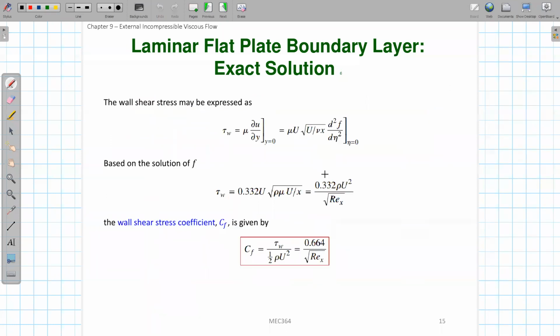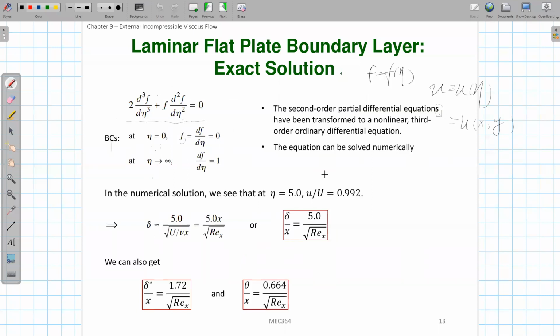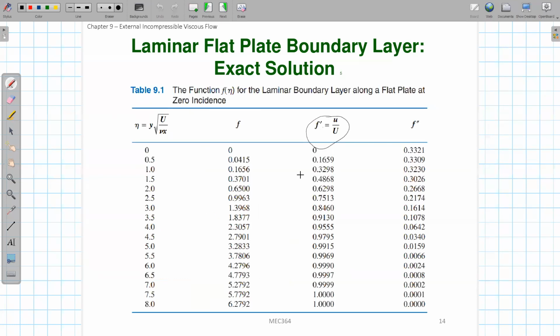And the second question is: what is the boundary layer thickness? We have three boundary layer thickness definitions, so let's look at the first one. The first definition is from the velocity profile, where U over large U becomes 0.99, 99%. At that location, y equals delta.